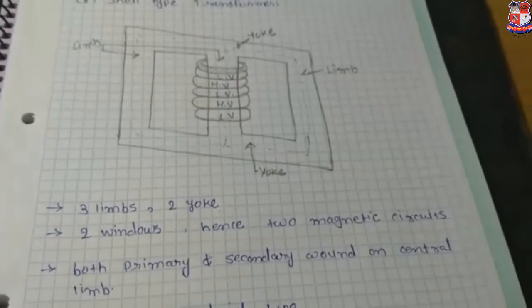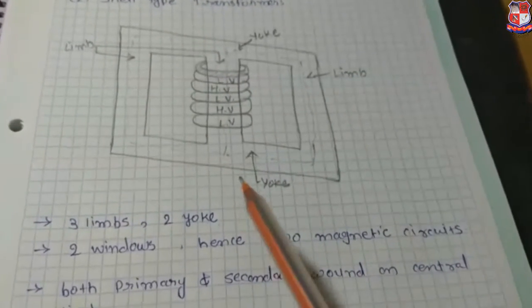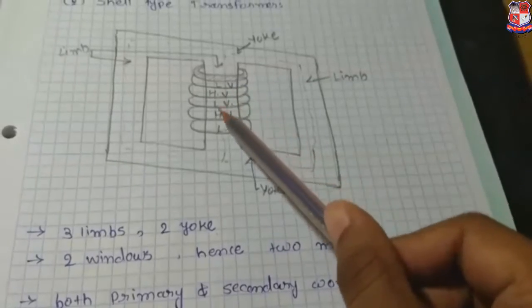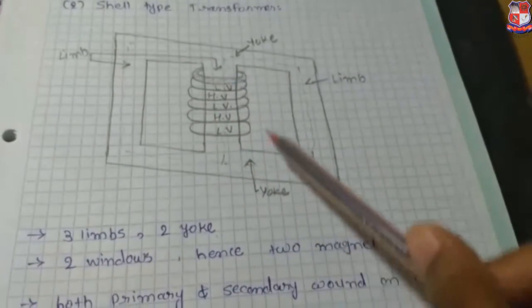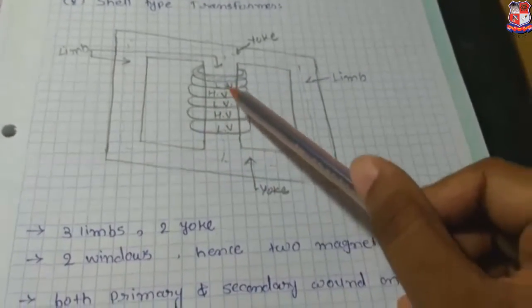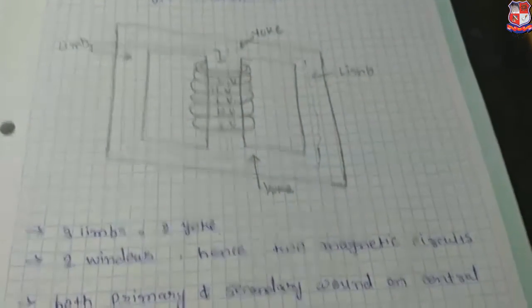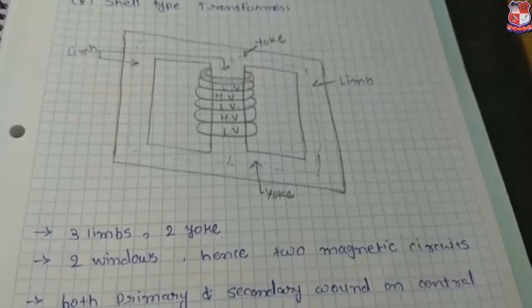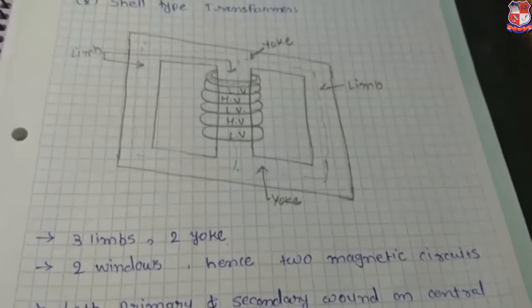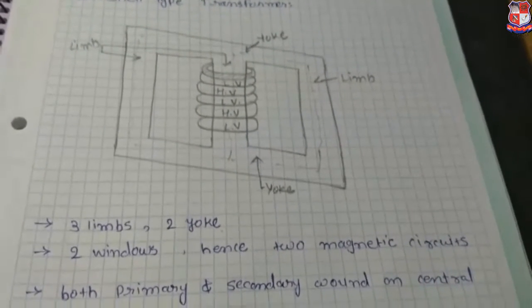Now in this type of transformer you can see that both LV and HV windings are wound on only one limb, that is the central limb. Only on the central limb both windings are wound.